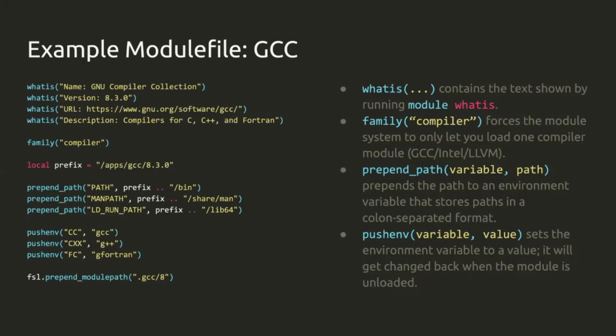And those will get undone when the module is unloaded. So that's an in-depth, good case study that GCC requires a lot of work to get the environment set up properly. And so this example should cover about 95% of different use cases if you're interested in writing your own module files.